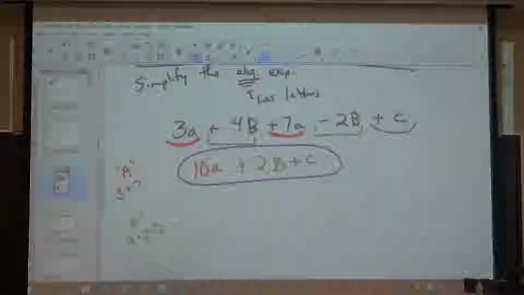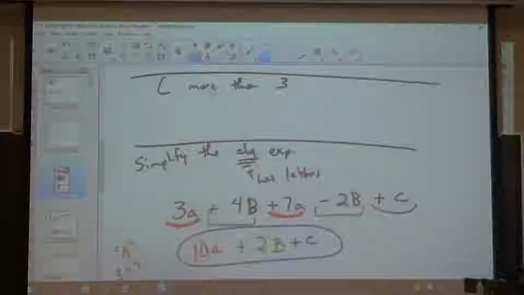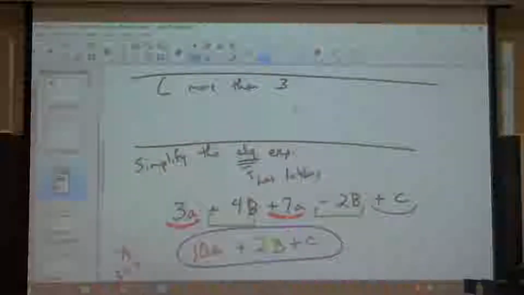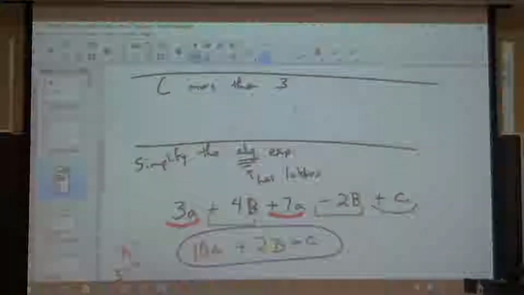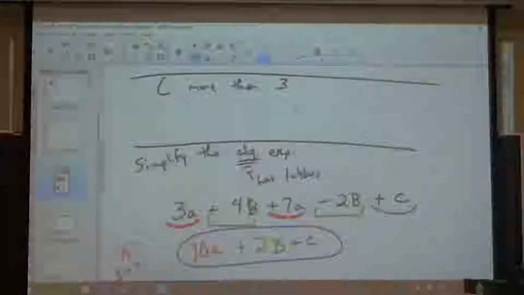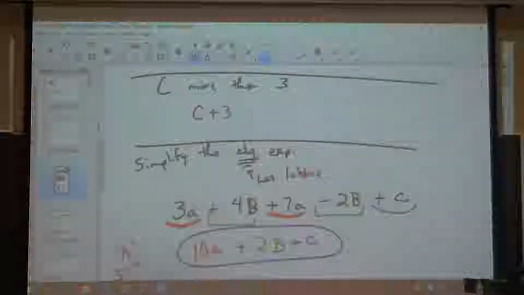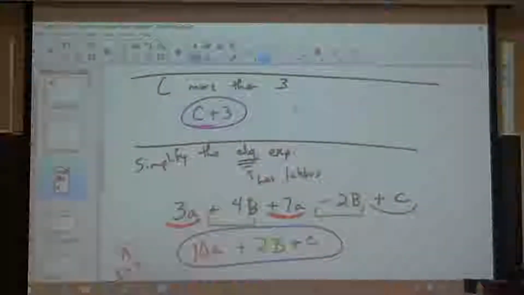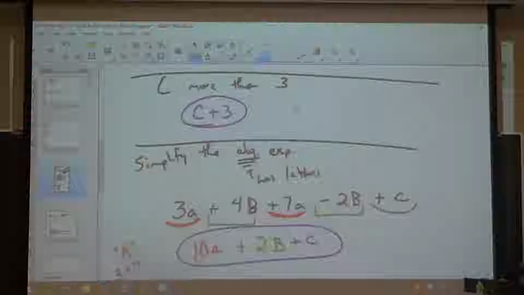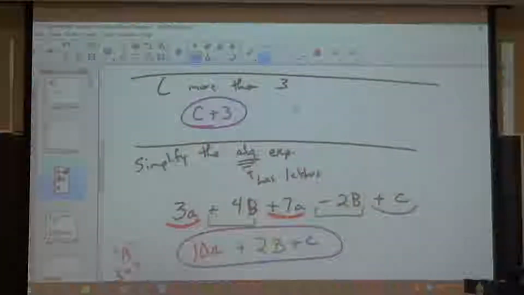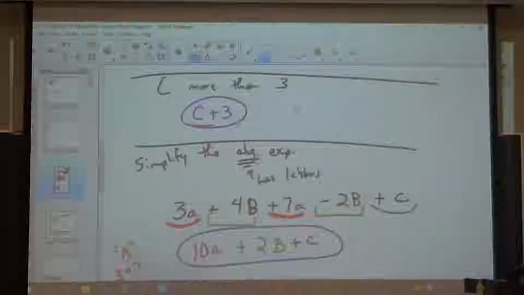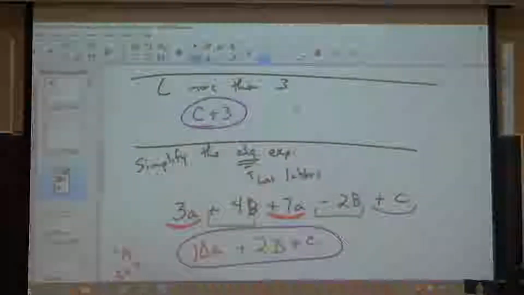All right. Now, somebody asked me earlier they had a problem like C more than 3. You gonna cue yourself. Watch this. If I ate 3 more cookies than you did, I ate whatever you ate plus 3.